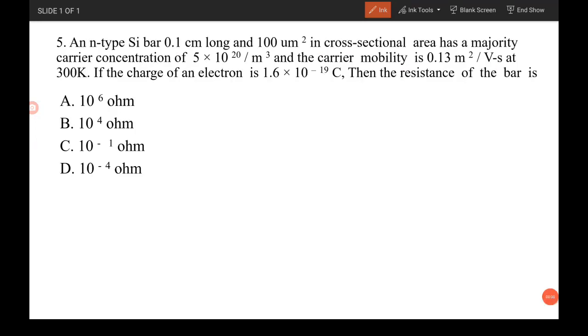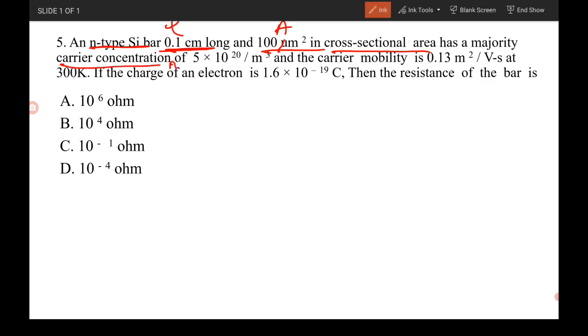Okay, so here in this question you can see an n-type silicon bar is given whose length is 0.1 centimeter, and cross-sectional area A is 100 micrometer square, and which is having a majority carrier concentration, that is N here.